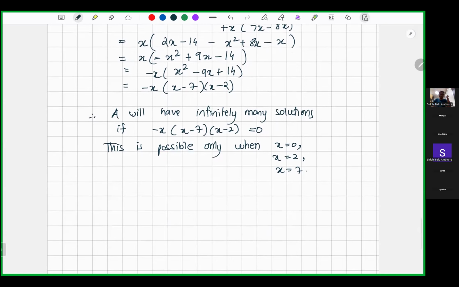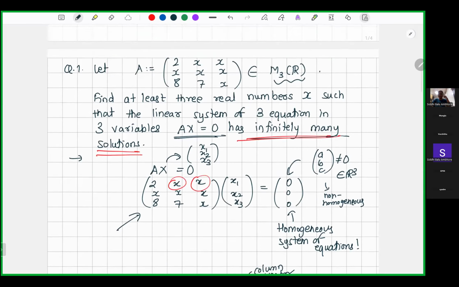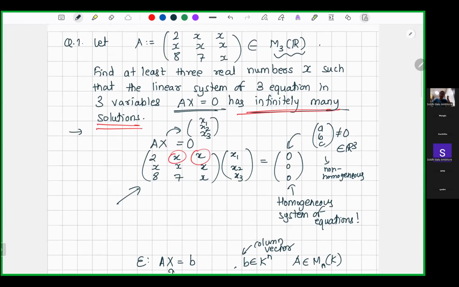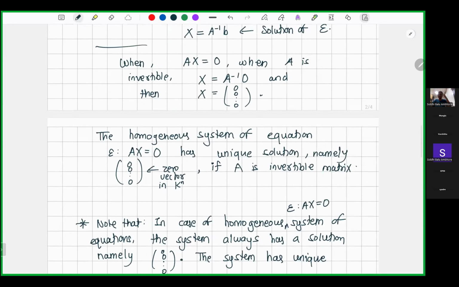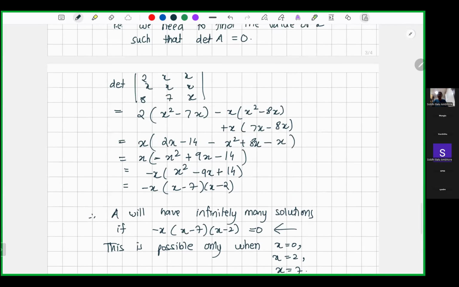Okay, so yeah. So these are the only three. And in the question, they have asked for at least three real numbers x. If you check, these are the only possibilities when this will happen, because we actually got this by doing proper calculation, finding the determinant of this to be 0 and so on.